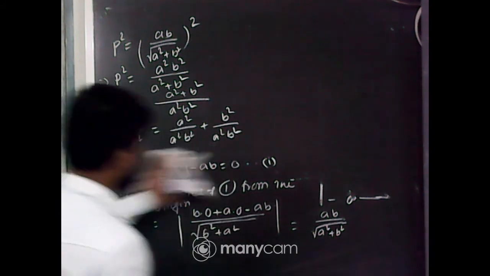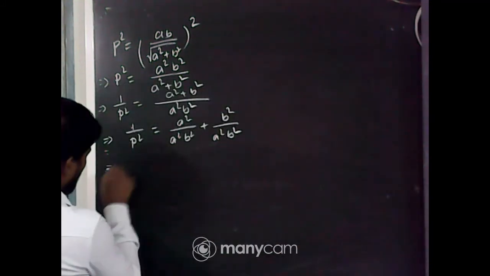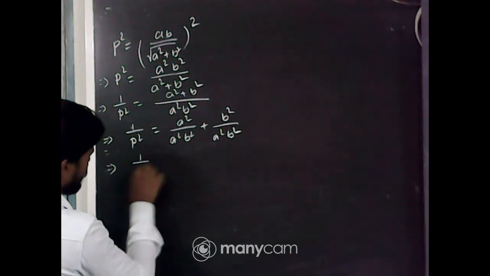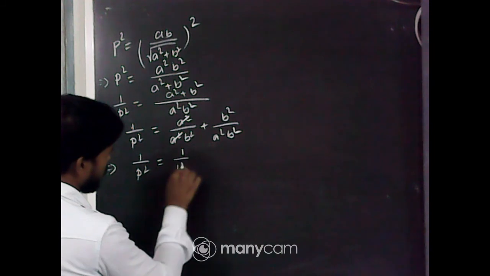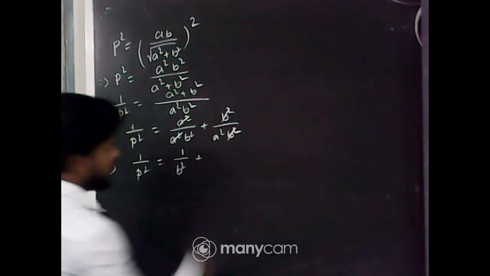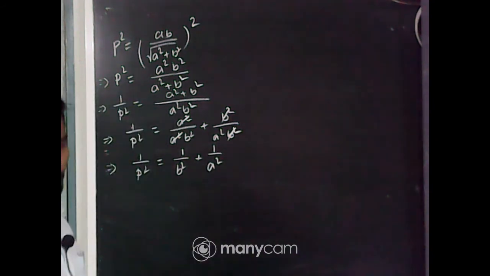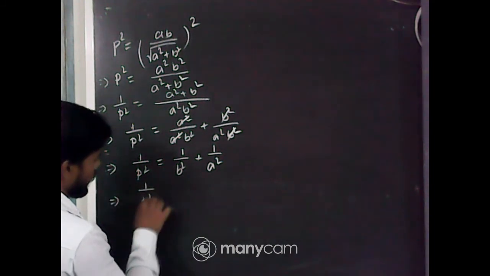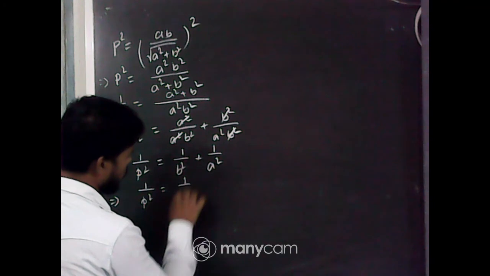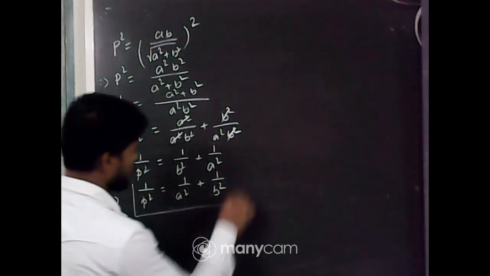That means almost we have completed the question. 1 by p square is equal to, now we can cancel a square, so 1 by b square plus, and here we can cancel b square, that means 1 by a square. So 1 by p square equals 1 by b square plus 1 by a square. Now just rearrange it. That means 1 by p square is equal to 1 by a square plus 1 by b square, and hence the proof.